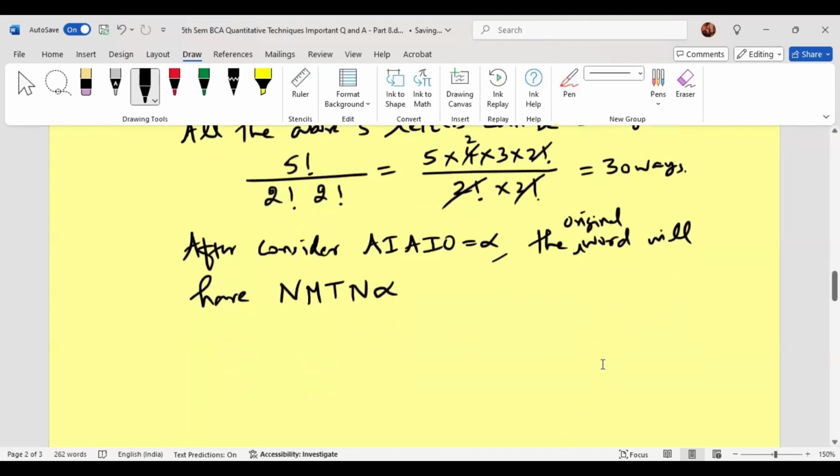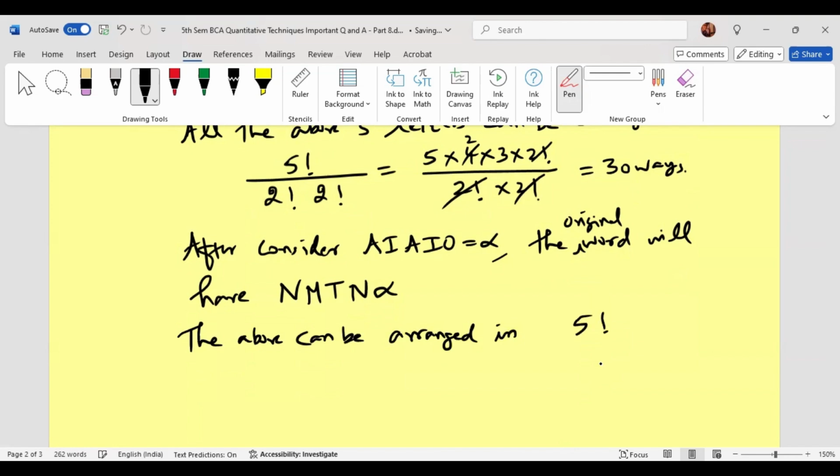And again, this can be arranged in totally 5 letters, so 5 factorial divided by 2 factorial, as N is occurring 2 times. That is 5 into 4 into 3 into 2 factorial divided by 2 factorial. This goes with this, and 5 4s are 20, 20 into 3, 60.